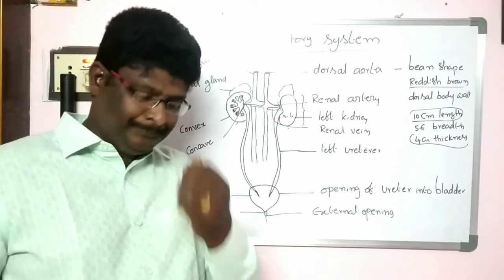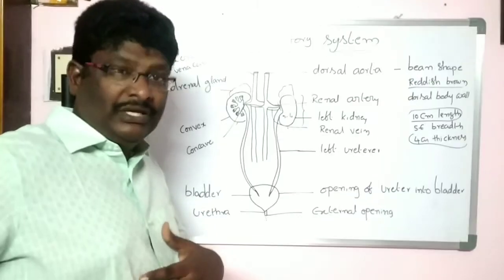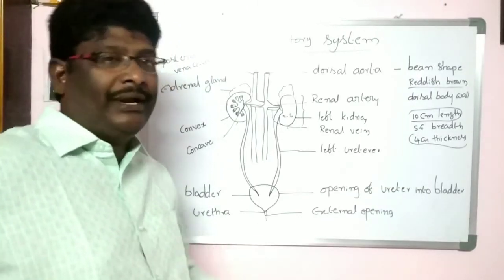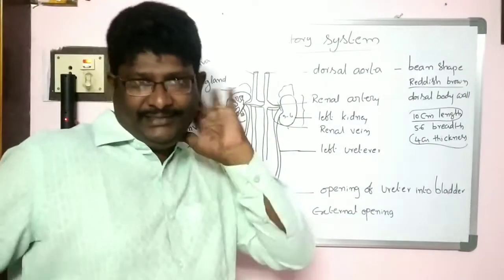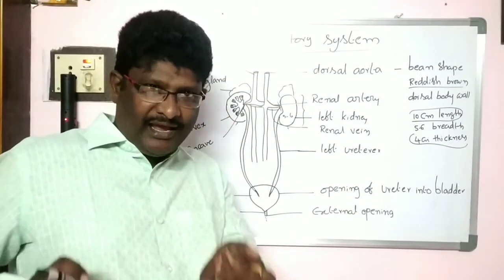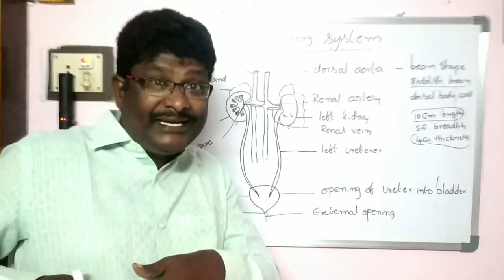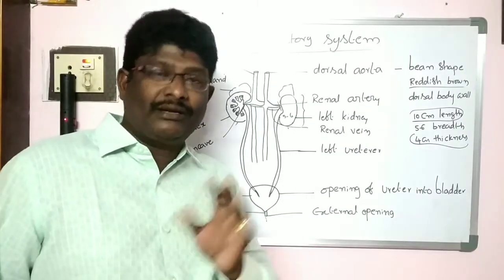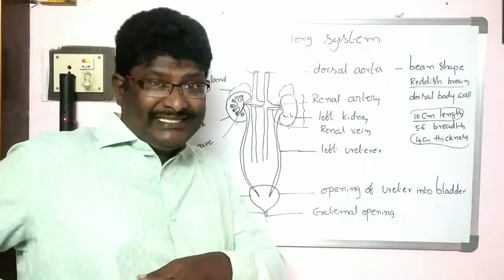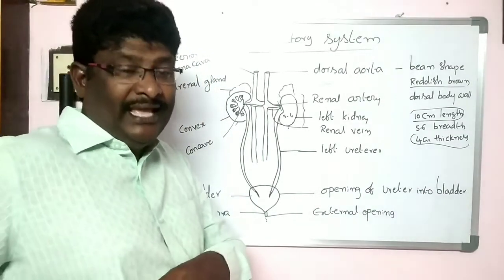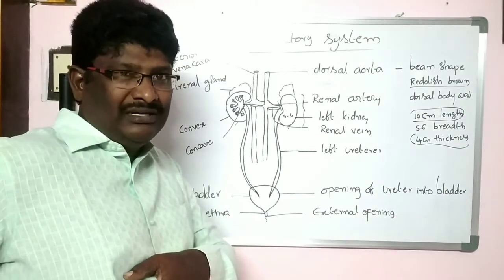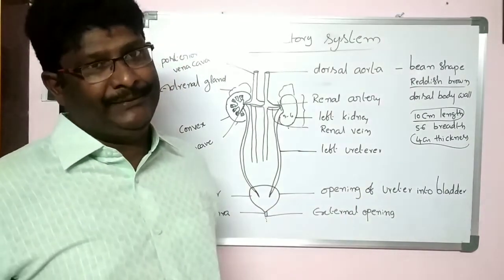On the right side, the largest gland in our body is located. Do you know what that is? Liver. So that's the reason the right side kidney is lower compared with the left side kidney.